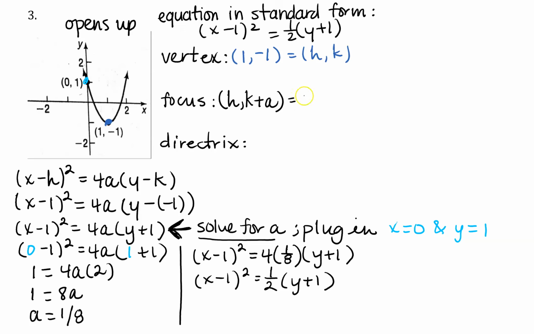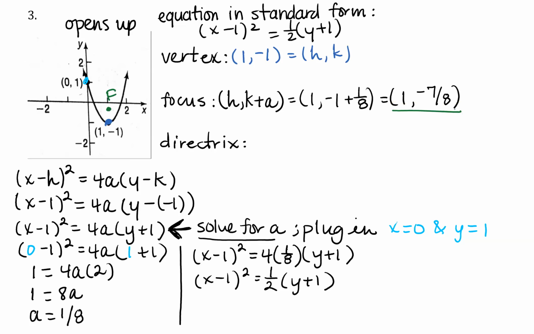We know h, it is 1. We know k, it is -1. And we know a, it is 1/8. And so our x coordinate of the focus is 1. The y coordinate is -1 + 1/8, which is -7/8. And so that is the point for our focus.